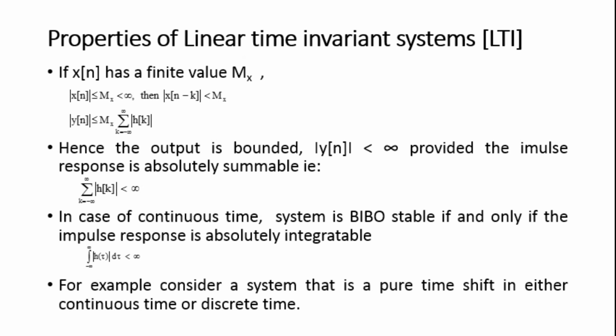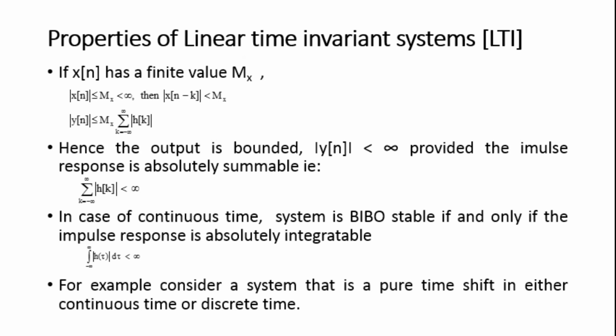If x[n] has a finite value Mx, that is |x[n]| is less than or equal to Mx, which is less than infinity, then |x[n minus k]| is less than Mx. |y[n]| is less than or equal to Mx times the summation k equals minus infinity to infinity |h[k]|.